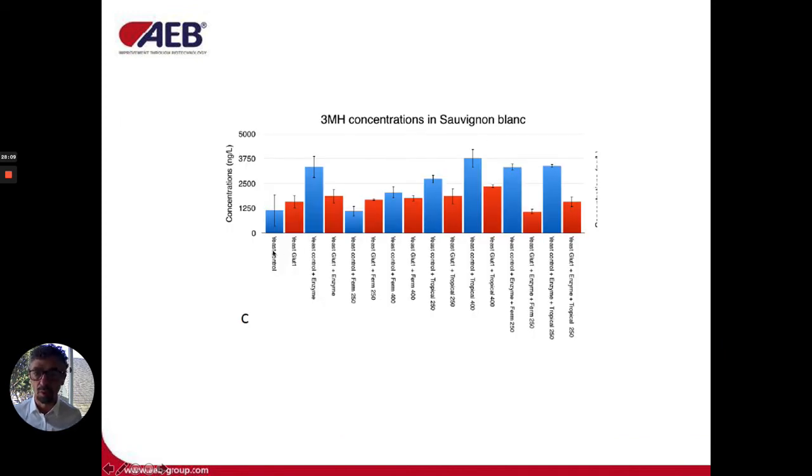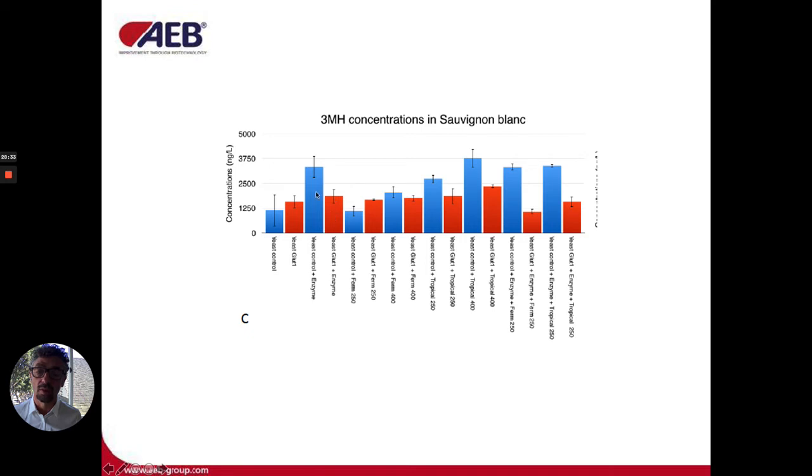You see that we were comparing two yeasts, a control, and this Glutaferm, which is our yeast for production of thiol. This yeast, the Glutaferm, is actually a producer of glutathione. So when there is no addition, it actually produces higher thiols than the control.